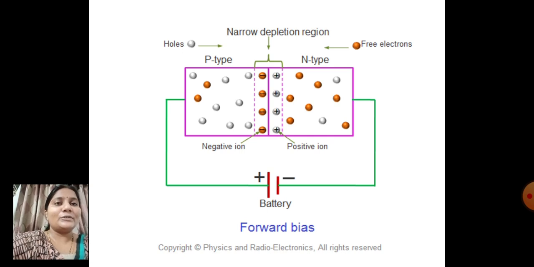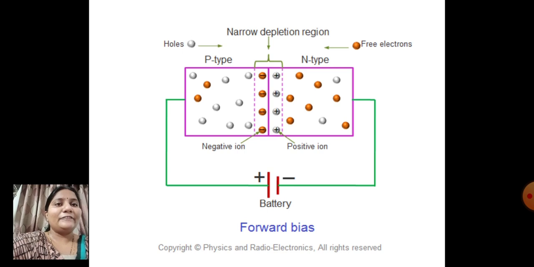This voltage is known as knee voltage, and knee voltage is nothing but the minimum voltage which is required for the majority charge carriers to cross the junction from P to N side and N to P side. Clear?